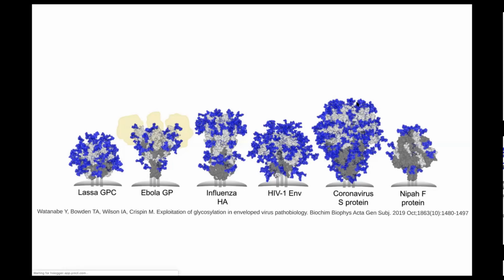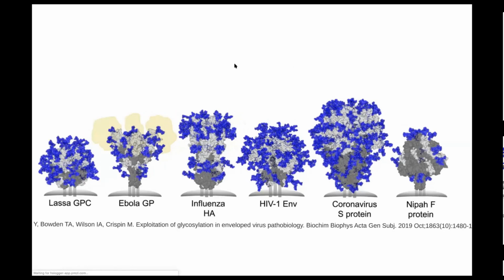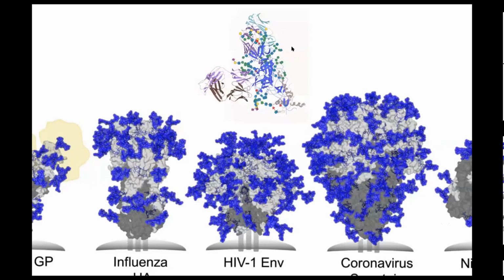And the modeling has actually shown that for the protein in HIV, you can see a completely different look of the surface protein because it's glycosylated.